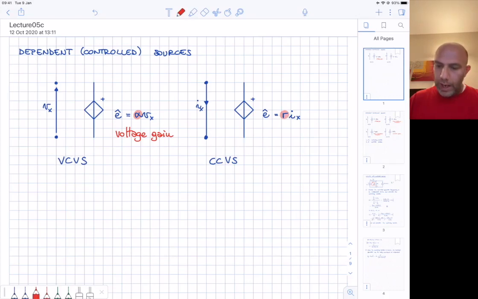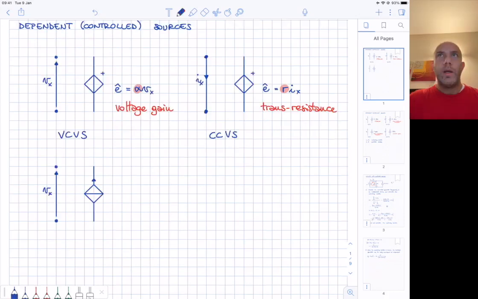The value R is called transresistance because the value of this resistance transfers the value of Ix into the value of the electromotive force impressed by the generator.